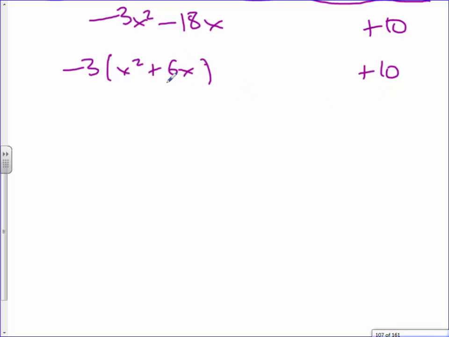Then we need to make a perfect square trinomial out of the 6. So we need to add a number and then subtract that number later. Half of 6 is 3, squared is 9, so we need to add 9. On the outside, though, we're going to subtract negative 3 times 9.